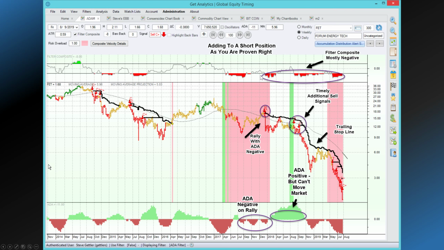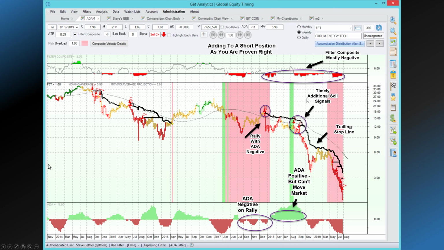Up above, we showed the filter composite, which is a composite of 15 different filters available within the global equity timing environment. It kind of takes a vote of all of these indicators in order to decide where everything stands. And frequently, when you look at the filter composite, it can provide information as to opportunities to get short when it is in the negative zone, as we see here.